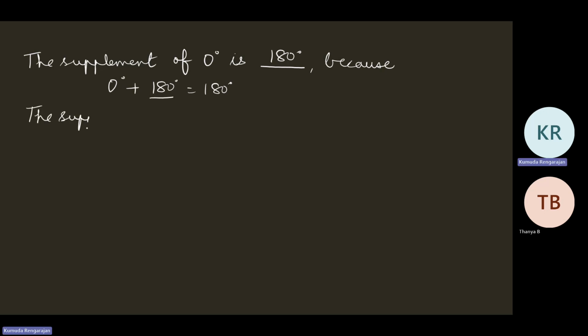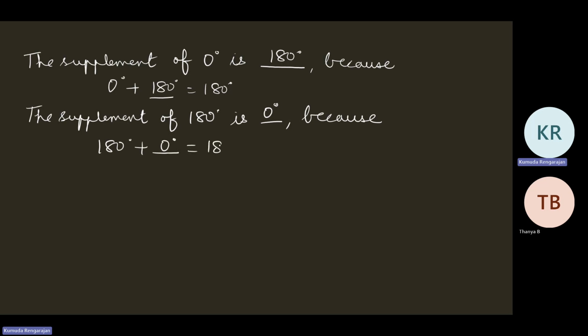The supplement of 180 degrees is 0 degrees, because the sum of these two, 180 and 0, is 180.